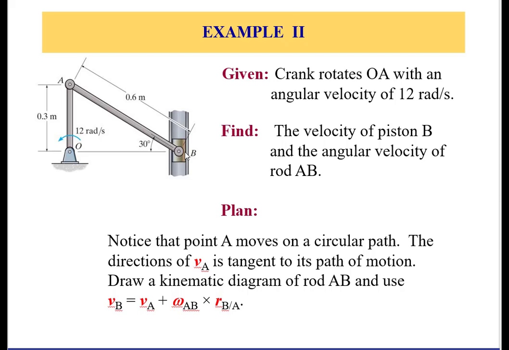Now we can assume that the velocity of B is a magnitude vB in j, assuming that j positive is upward and i positive is to the right.